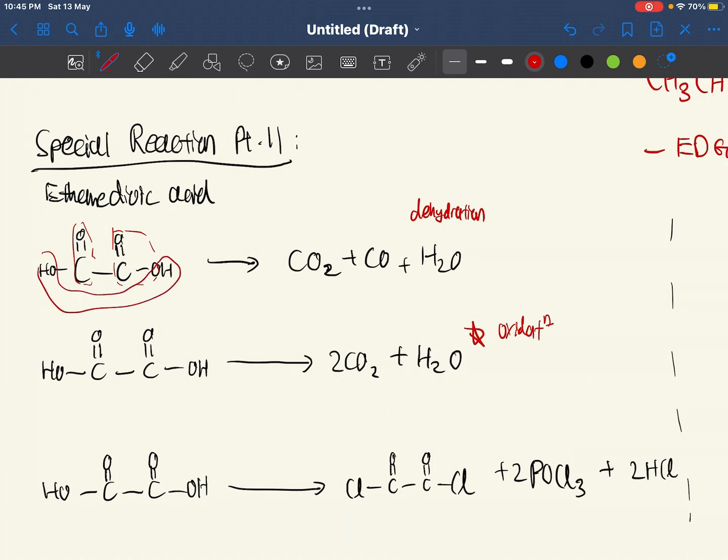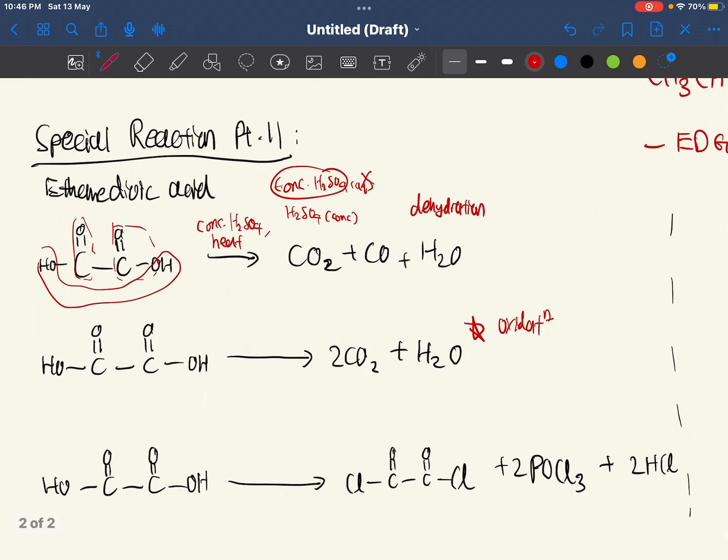Yep, so that's dehydration. Same reagent and conditions again: conc. sulfuric acid, and use heat. What a lot of people mistake is that when they put conc. sulfuric acid, then they put aqueous, which is very contradicting. So no, either you put conc. sulfuric acid here, or you can do sulfuric acid, conc.